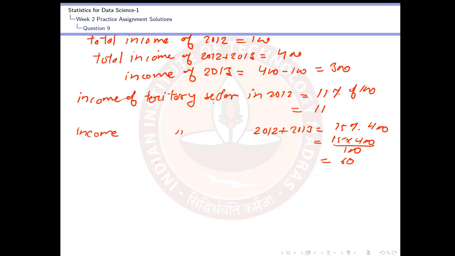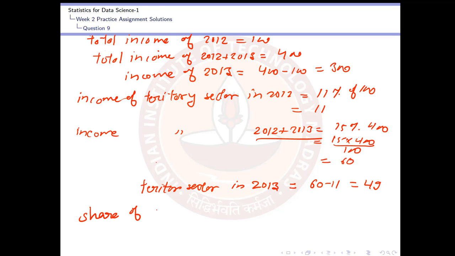That is the income of 2012 plus 2013. So income from territory sector in 2013 itself will be 60 minus 11, that is 49. So share of territory sector will be the income of territory sector in 2013, 49, divided by income of 2013, 300, into 100, that is 16.33.